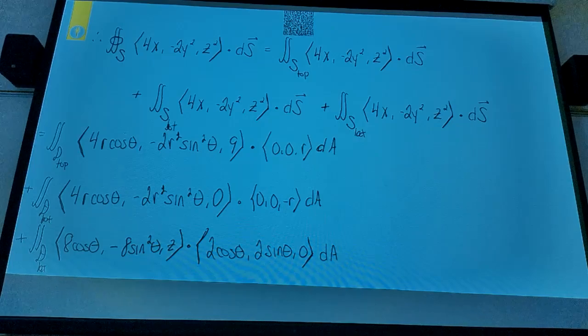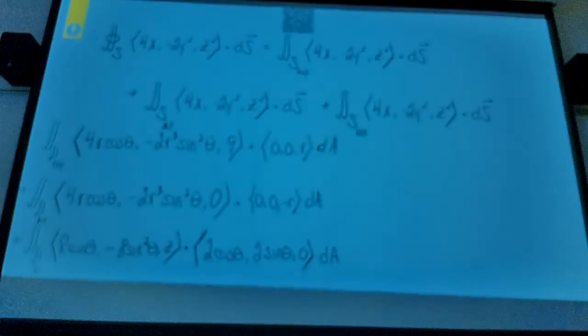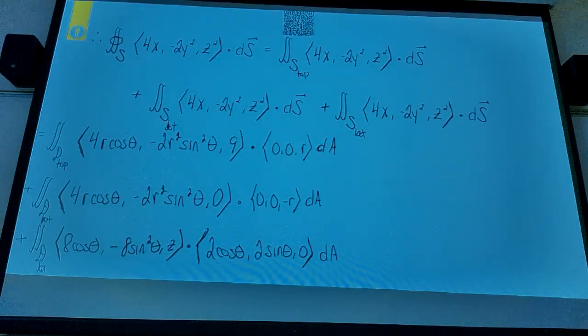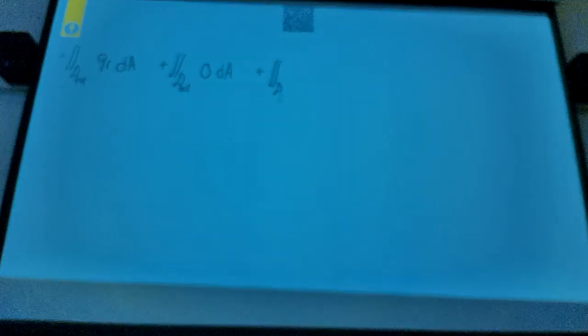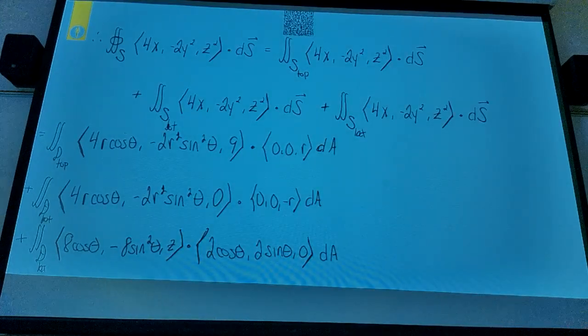Do that first dot product. What is it? It's just 9r, right? What about that second dot product? That's nice. Now for the third one. This is the pain.